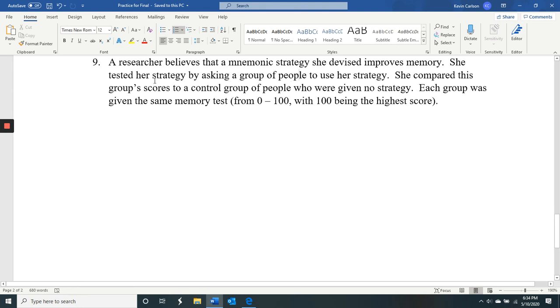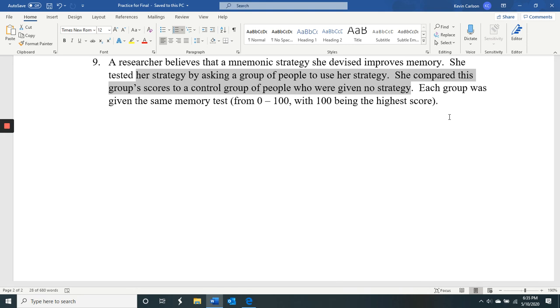This researcher had one group of people use the strategy, and she compared this group's scores on a memory test with people who were given no strategy, a control group. So it looks like we have a manipulation of an IV here. We have strategy or no strategy.